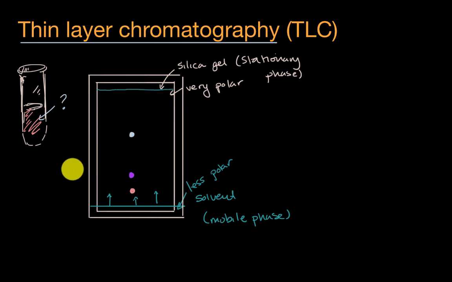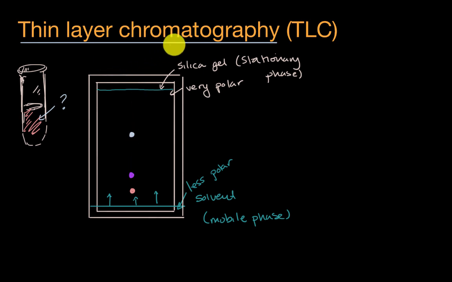You would run this until your mobile phase makes a good way to the top of your silica gel right over here. The reason why it was called chromatography is that when they originally did this, they were actually separating out various tissues in vegetation that had different colors. Chroma is referring to the various colors, but it doesn't necessarily even have to refer to things that have different colors, or sometimes you might need a UV light to see them.